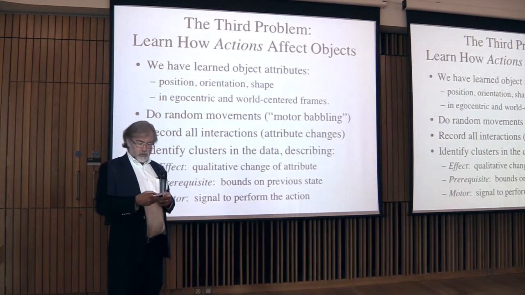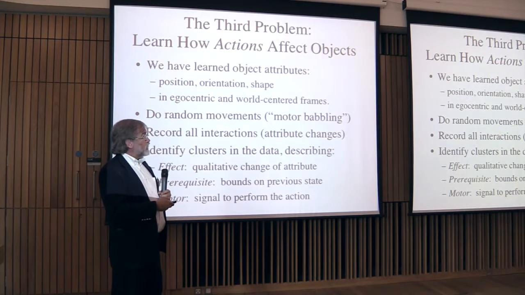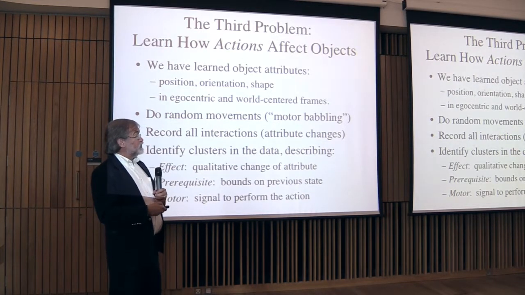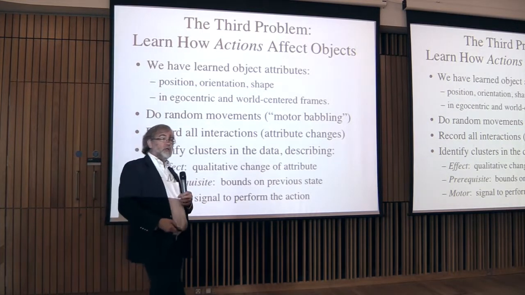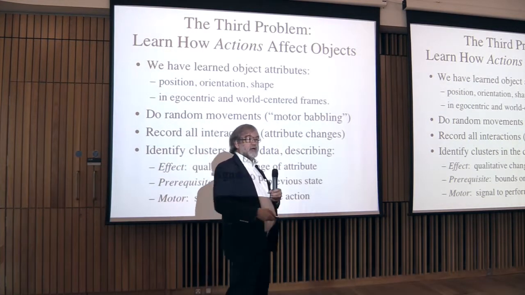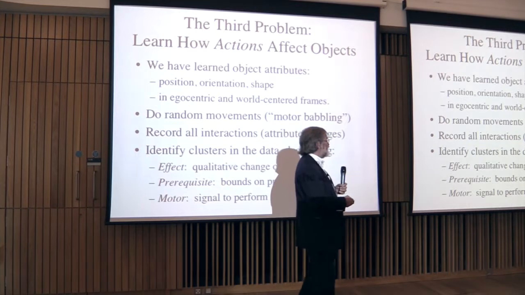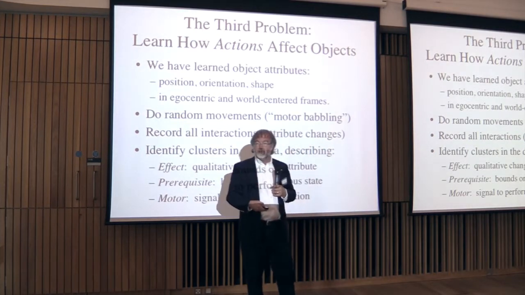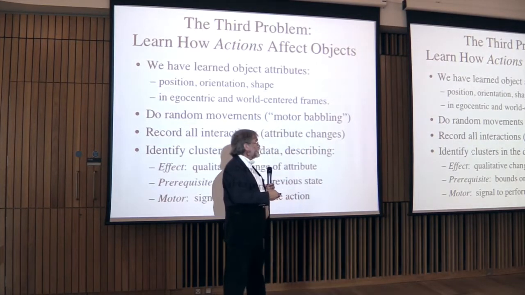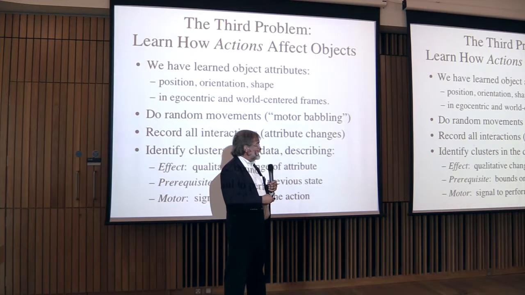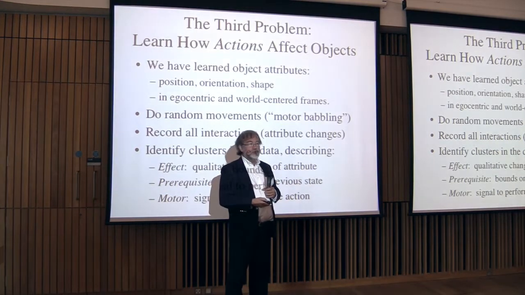So now what we're going to do is random movements, which is sometimes called motor babbling. And we're going to record all of the interactions and all of the things that happen. And in that, we're going to search for more clusters, looking for combinations of qualitative changes of some attribute.